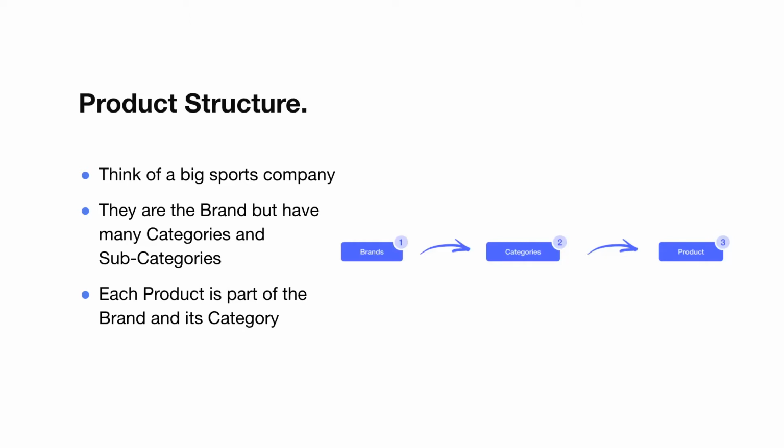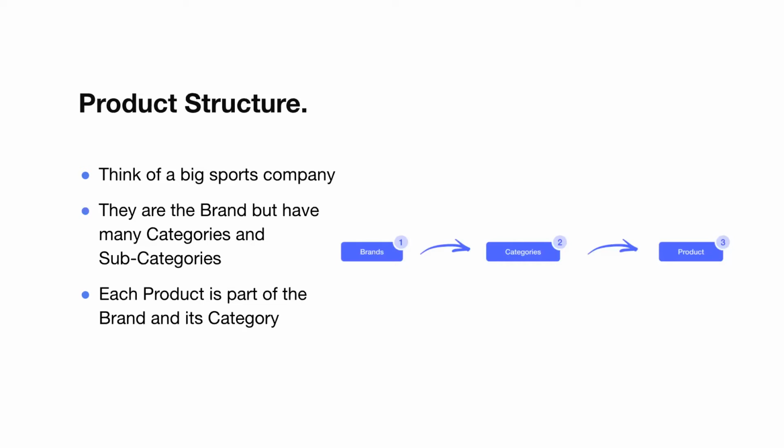For creating products, a great example would be a sport clothing company, like a big sports company like Nike or Adidas. We know that Nike is the brand, but they also have many categories and subcategories.